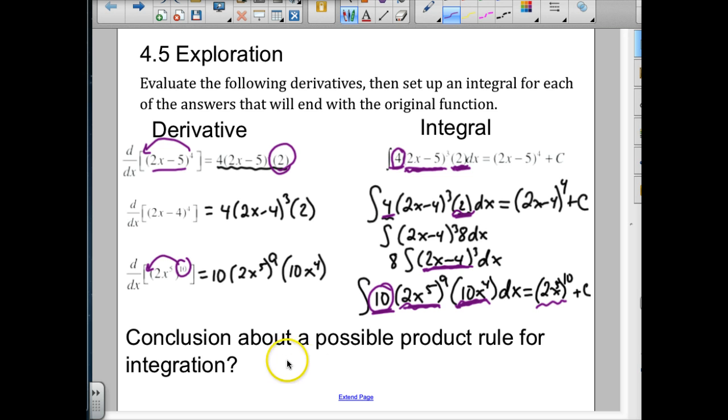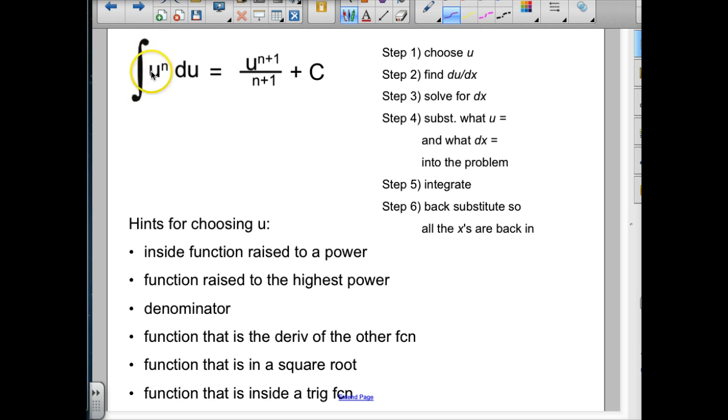So, a conclusion about a possible power rule for integration. The integral of some function to a power times du. Now this du is a big deal here. So the integral of u^n du is you add 1 to the exponent and divide by the new exponent.